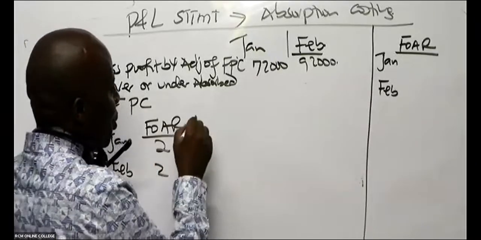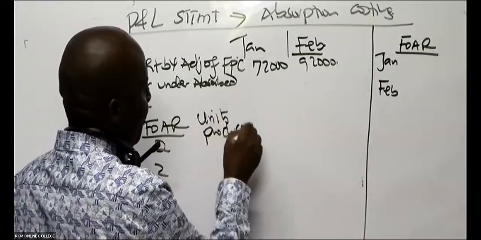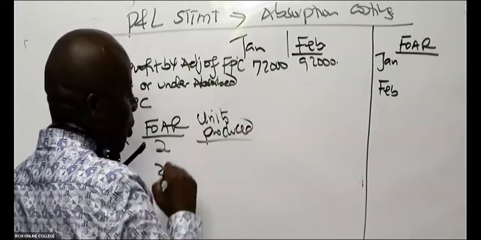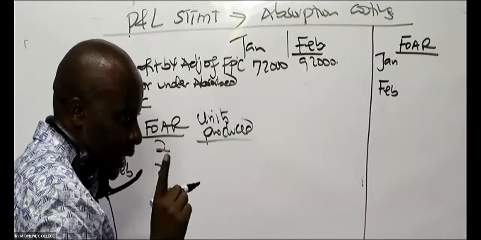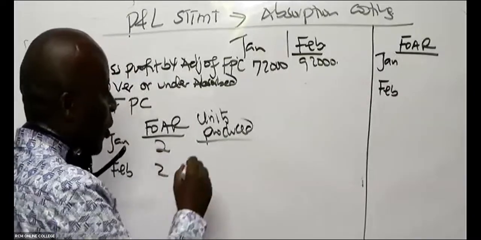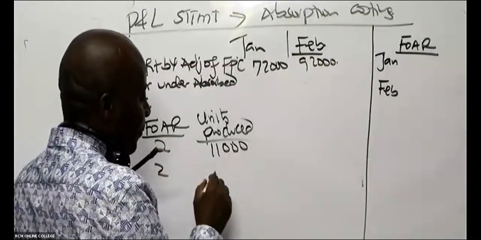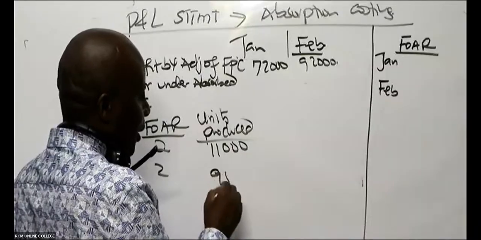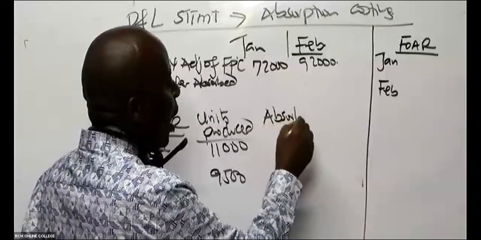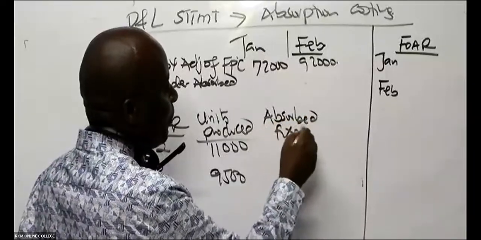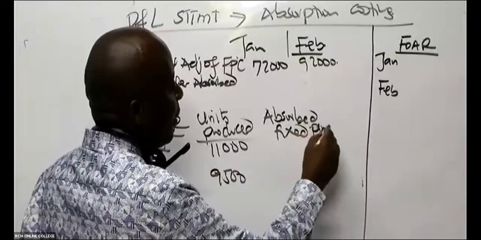Give me the units produced in the period. So January we produced how many units? 11,000. February we produced how many units? 9,500. So then give me the absorbed fixed production overheads.